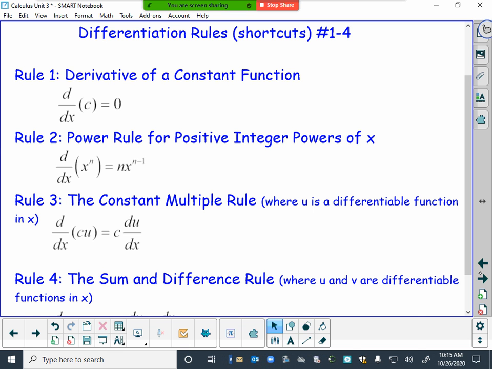Here's our power rule that we just did, the second one. If we're doing powers of x, then we can just drop that power down and then reduce the power by 1. So the old power comes down as a multiplier in front, and the power gets reduced by 1. From a polynomial standpoint, I always think about a derivative as taking one of the wiggles out of a graph. So a degree 3 function might look like this.